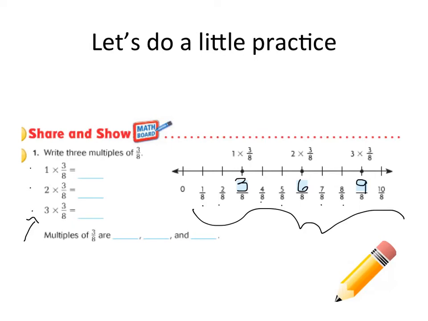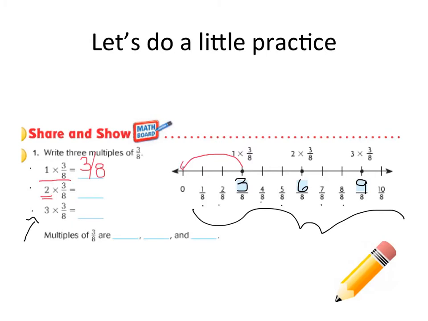Now let's put that together with what I know about multiplication. If I'm multiplying 1 times 3/8, I'm making 1 hop to 3/8. So 1 times 3/8 is 3/8. Now I'm doing it again. 2 hops that are 3/8 each.